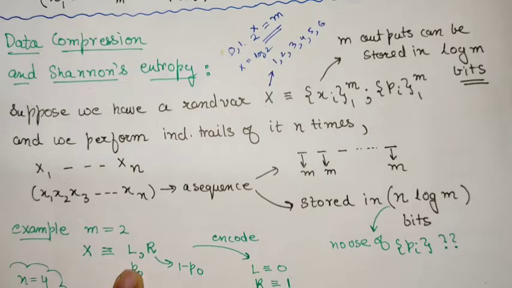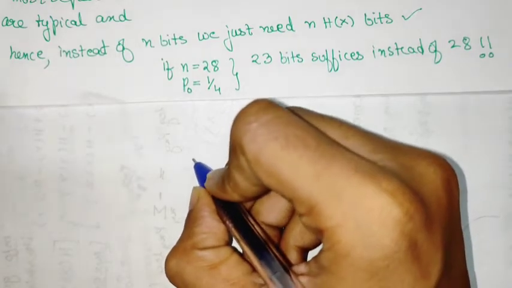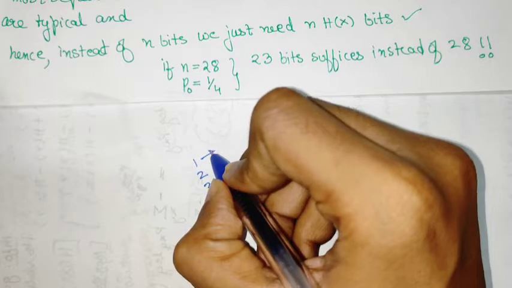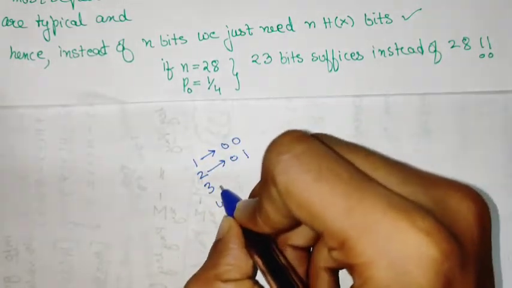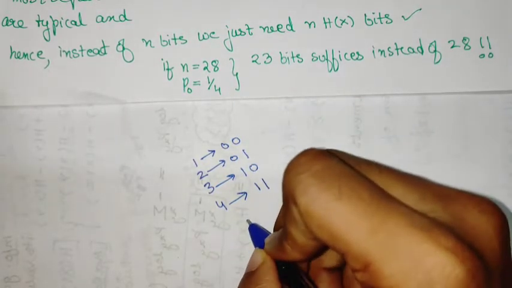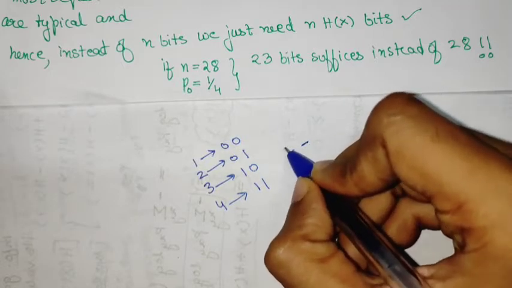A good way to see this is to think about storing the values 1, 2, 3, 4. I can say 1 can be written as 0 0, 2 as 0 1, 3 as 1 0 and 4 as 1 1. So overall I require 2 bits.